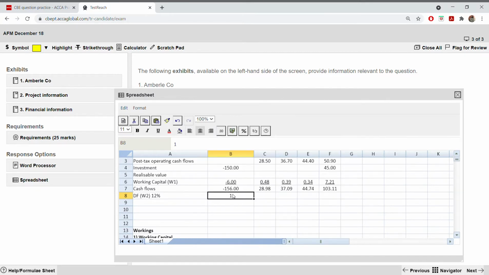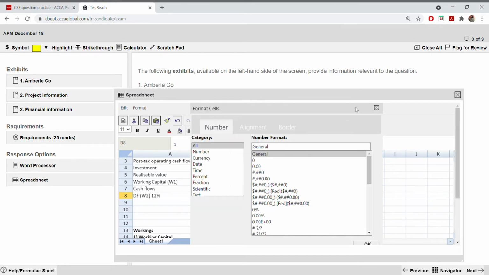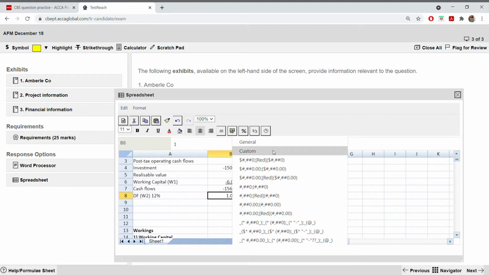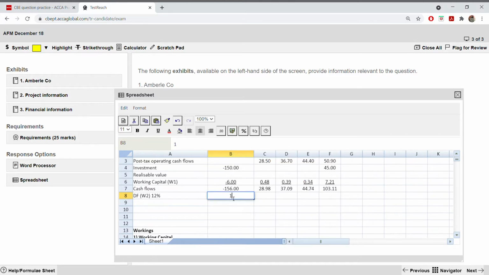So just keep it to general, and 1.000. So if you see, it's not taking it into 3 decimal places.